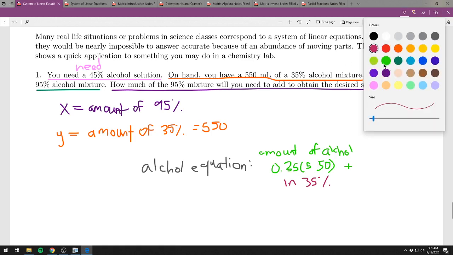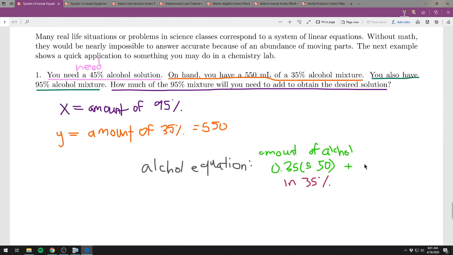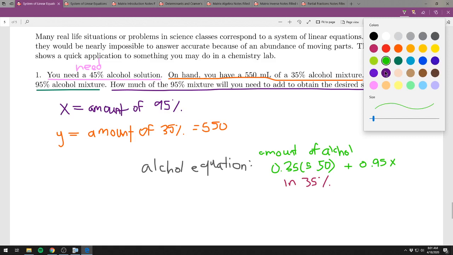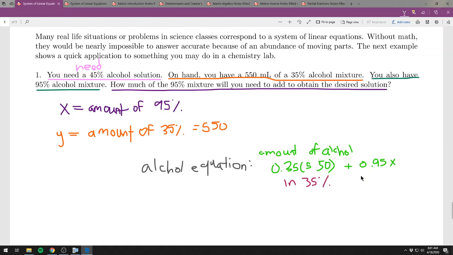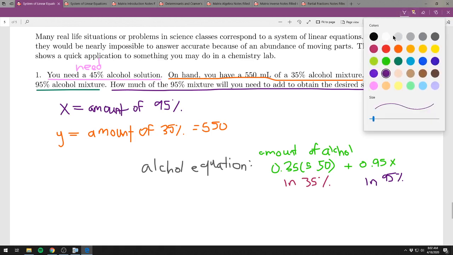And then I would want to also put in the amount of alcohol for the 95% mixture. Now we know that's 95%, but we don't know how much we're adding to it. So that's what we called X for. Once again, we have the percentage 35 times the amount, and the percentage 95 times the amount, which is unknown.